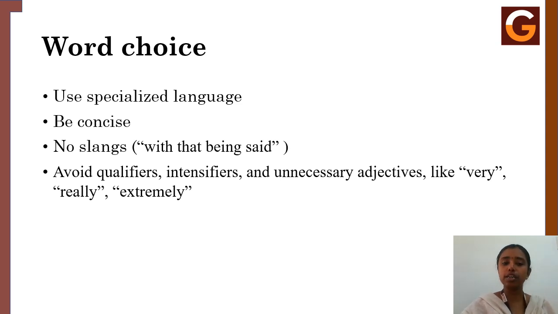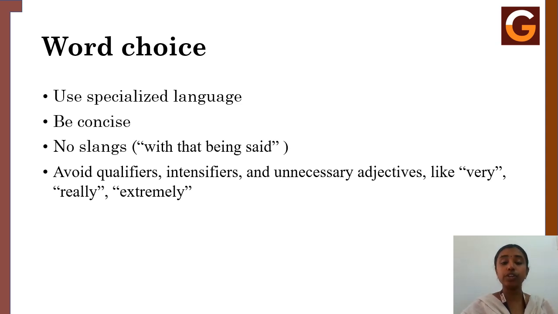Sometimes you may have to rectify certain errors, and you may have to suggest certain changes. In those cases, the proofreader should be accurate in pointing out and suggesting those changes, and be concise. Be concise means be precise, be short and crisp in whatever you are conveying.